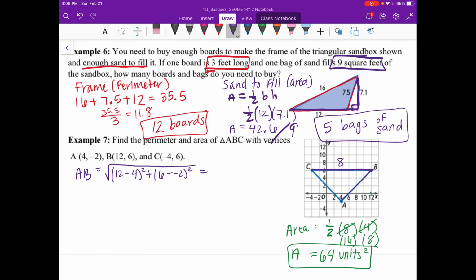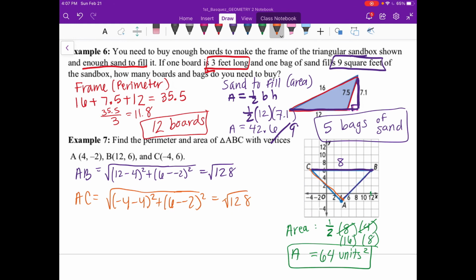When I do AB, I get the square root of 128. I'm just going to leave it like that. I'm going to do the same thing for AC: square root of (-4 minus 4) squared plus (6 minus -2) squared. And I should get the same thing, square root of 128, okay?